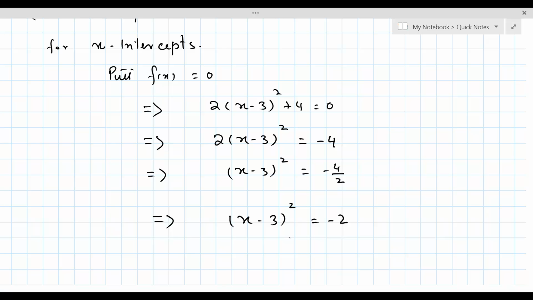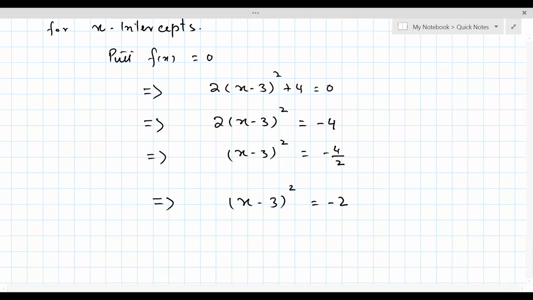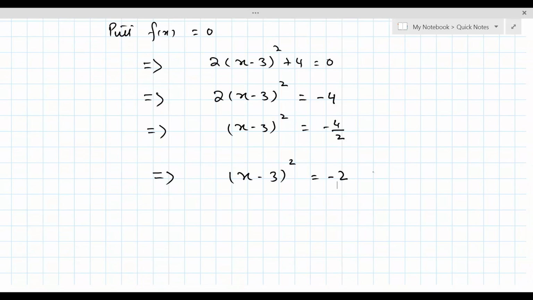But here x minus 3 whole square is equal to a negative number, which is not possible.